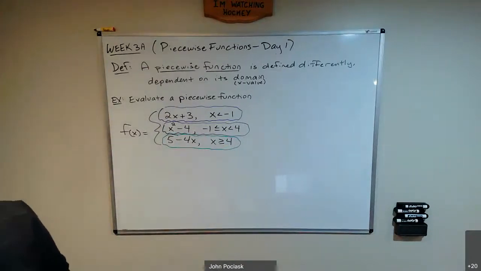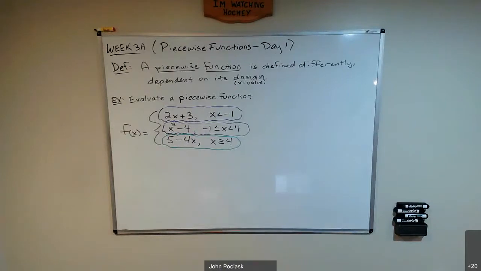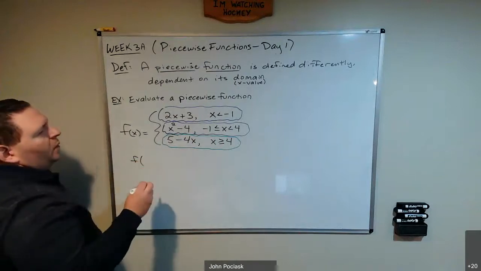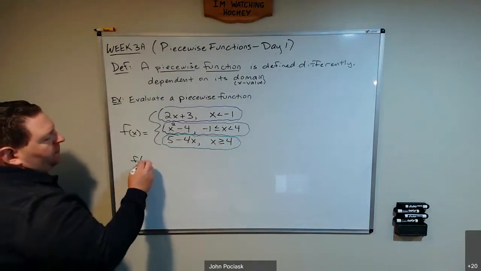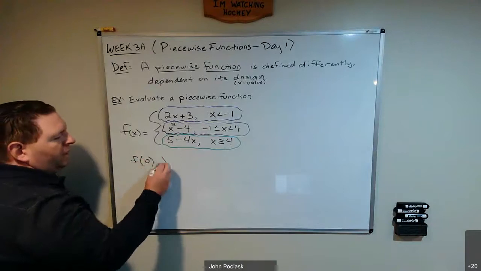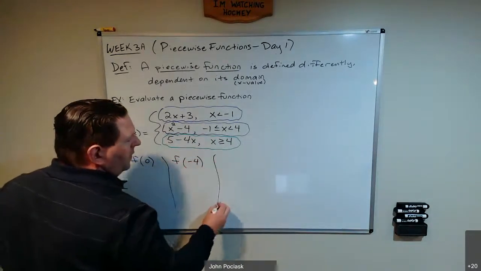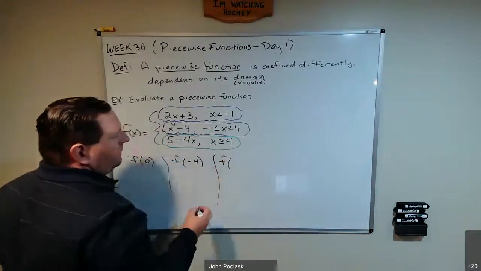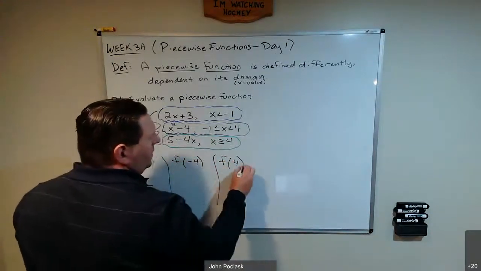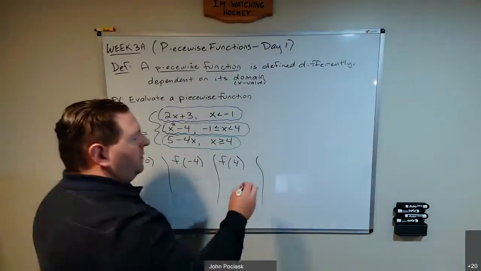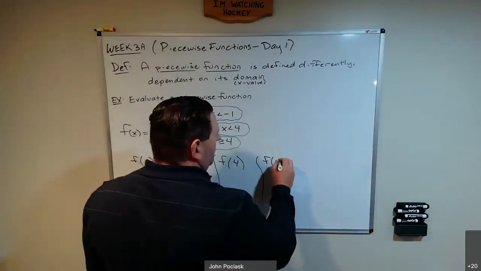And so now the question is, I want to know the value of the function at certain locations. So I want to find out, well, what's f of 0? What's f of -4? What's f of +4? What's f of 10?